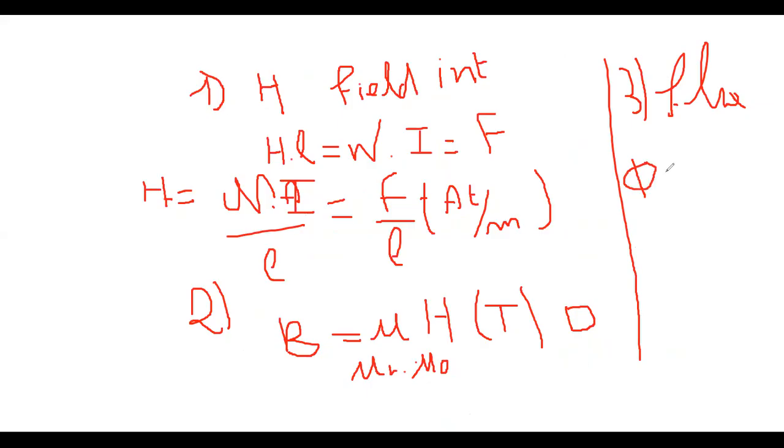Flux, phi, equals B multiplied by A. A is the cross section of the core. And the unit of the flux is called Weber, WB. Okay, so we have a flux when we have a surface. This is the third characteristic of the magnetic circuit.